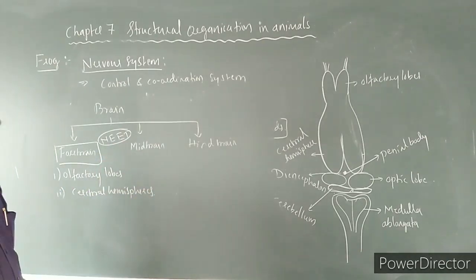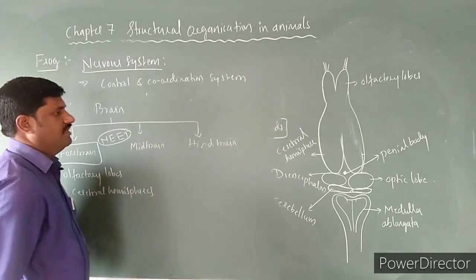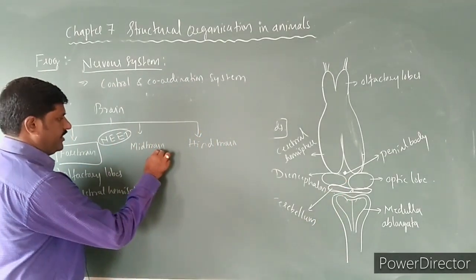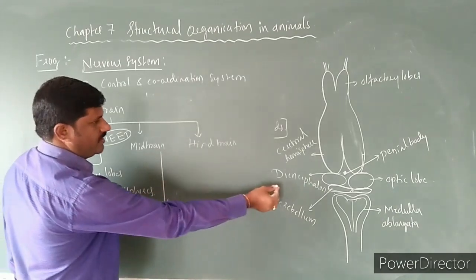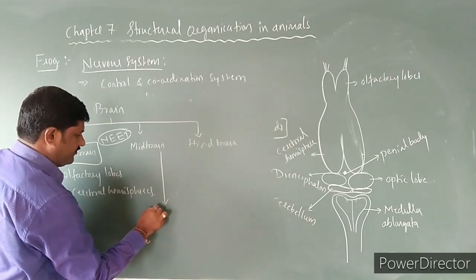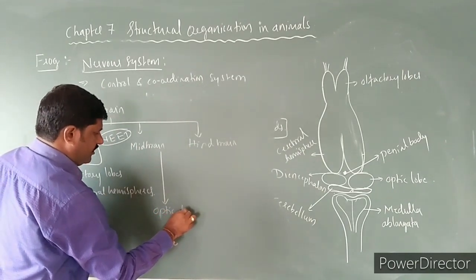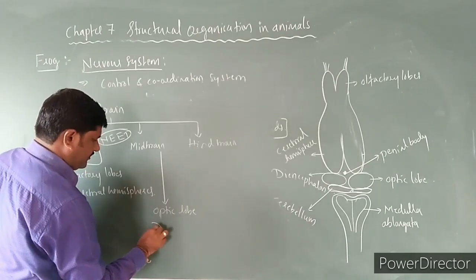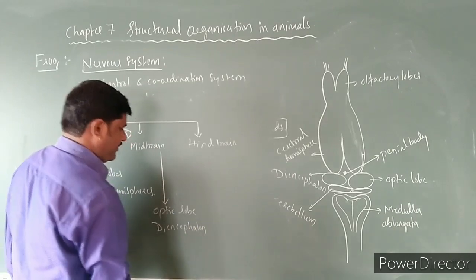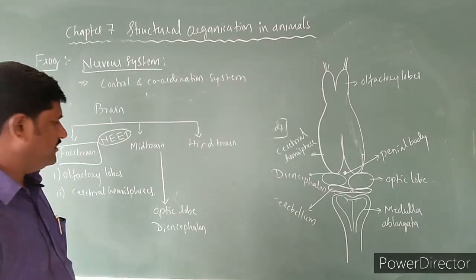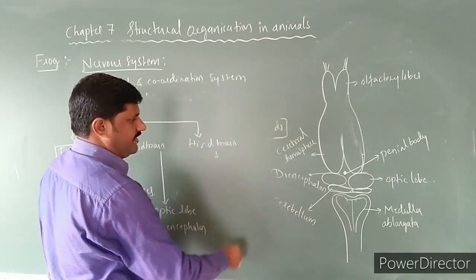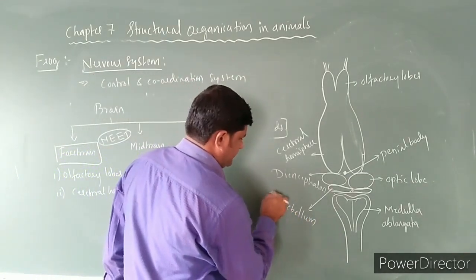Now the midbrain mainly consists of optic lobes, especially, as well as the diencephalon. Optic lobes as well as diencephalon both come under the midbrain.